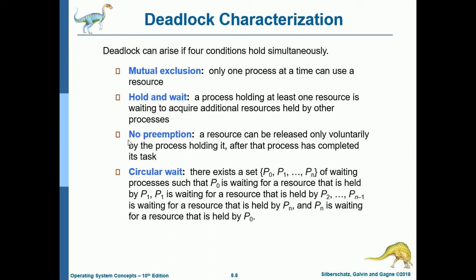There exists a set of waiting processes from P sub 0 to P sub n such that P sub 0 is waiting for a resource that is held by P sub 1, while P sub 1 is waiting for a resource that is held by P sub 2, and that will go on until P sub n minus 1 is waiting for a resource that is held by P sub n, and P sub n is waiting for a resource that is held by P sub 0.